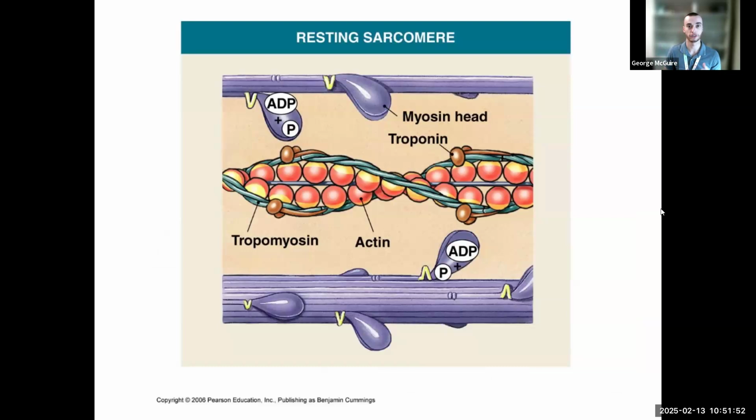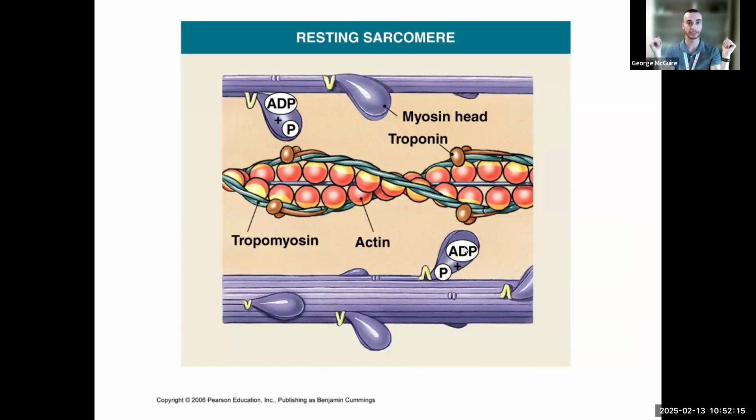And so here's another look. So now we're going to look through the entire process of contraction. So after calcium, or essentially zooming in on just the sarcomere, right? We've moved on from calcium release from the sarcoplasmic reticulum, right? And we're looking into the actual overlapping filaments and how they pull on each other. So in resting state, active site is blocked.